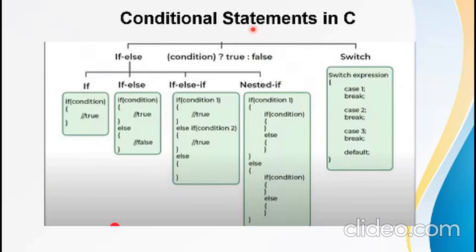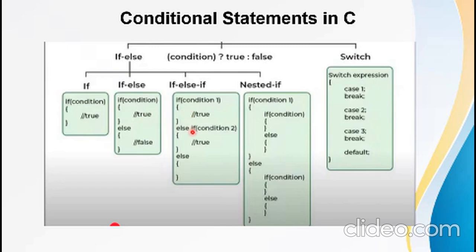Conditional statements are divided into two: if-else and switch. In if-else there are four types of conditional statements: if, if-else, else-if, nested if. If means if the condition is true, then it will give the true output. If-else will check the condition: if the condition is true, it will execute what is mentioned in the if, or else it will print false.